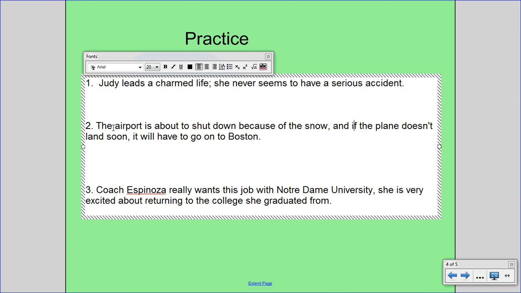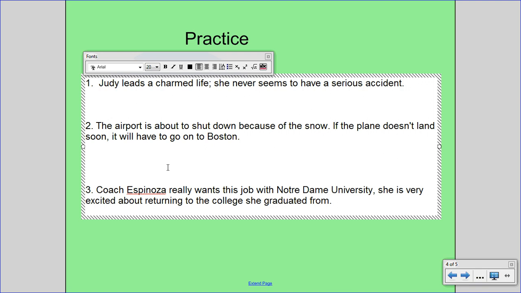And what that does is, if you have really long independent clauses both before and after the semicolon or the comma conjunction, it can decrease the fluency. So in this case, while they are once again all correct, I would argue the best option would be to make it two sentences that would read, "The airport is about to shut down because of the snow. If the plane doesn't land soon, it will have to go on to Boston."